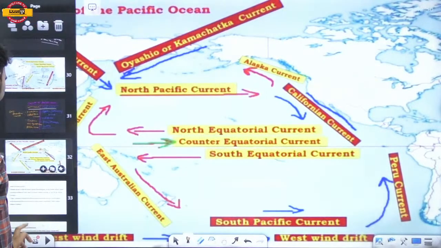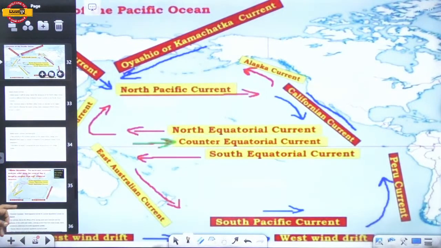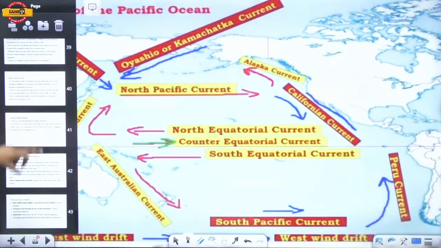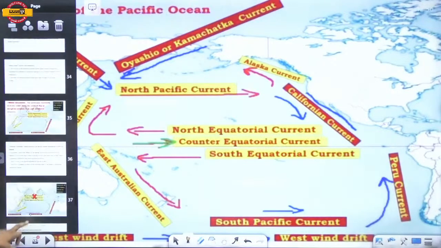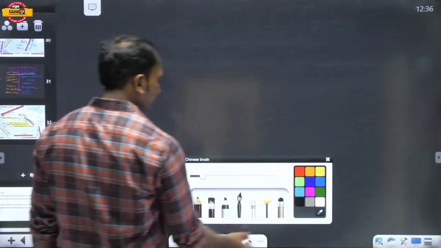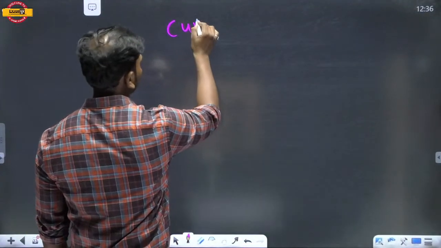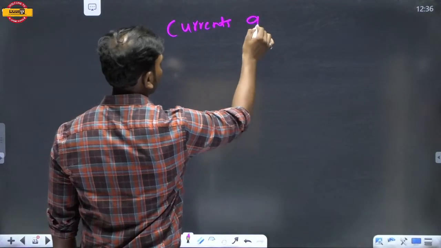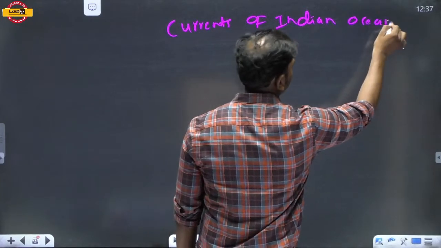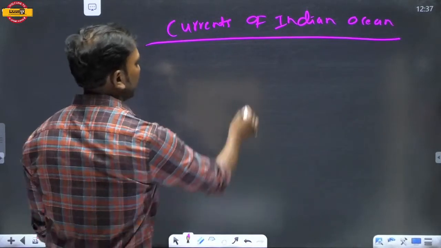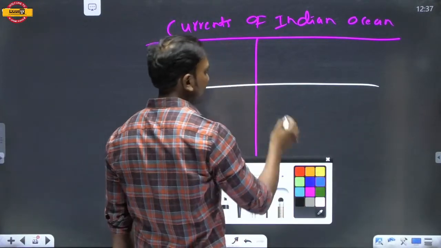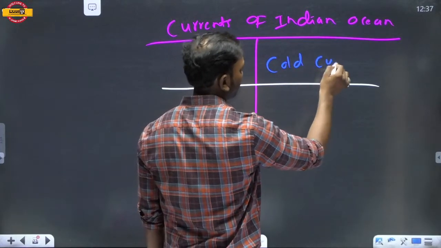Next we are coming to the Indian Ocean currents. Currents of the Indian Ocean, again, are cold currents and warm currents.